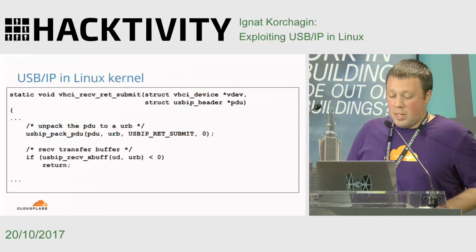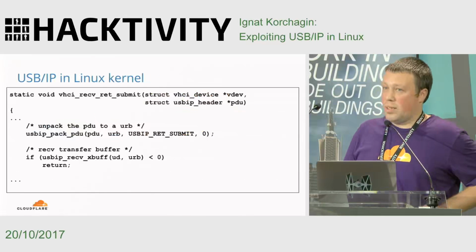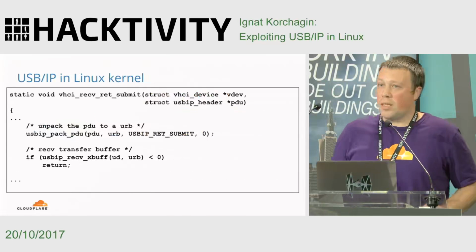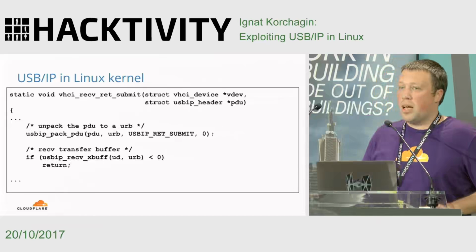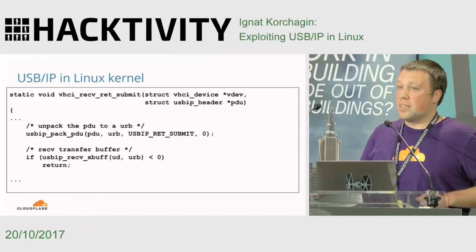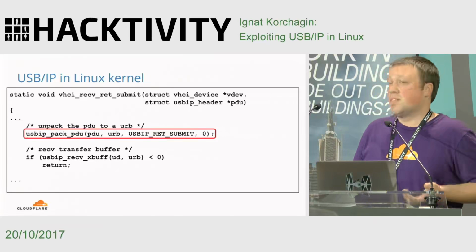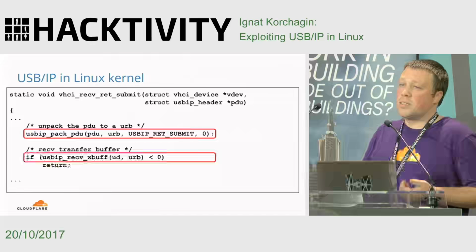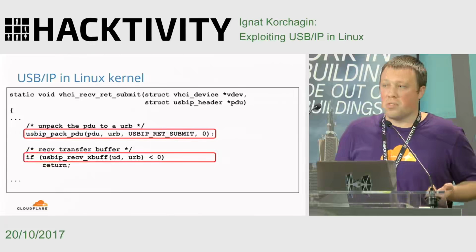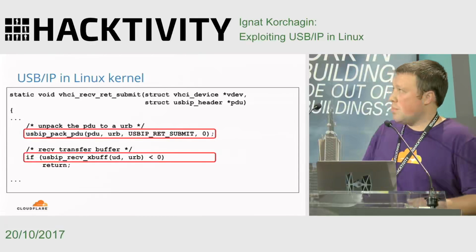Okay, so if you look at the kernel code, these are all the extracts. Receiving a USB/IP packet on the client side from the server contains two basic steps. One is to parse the header, and the second step is to get the rest of the data from the network buffer.